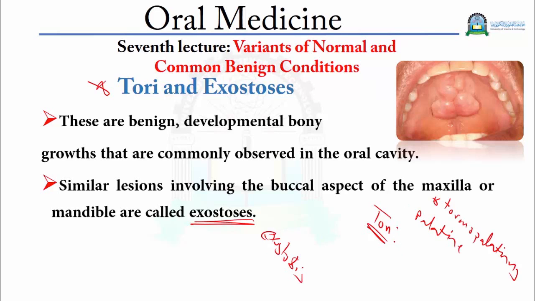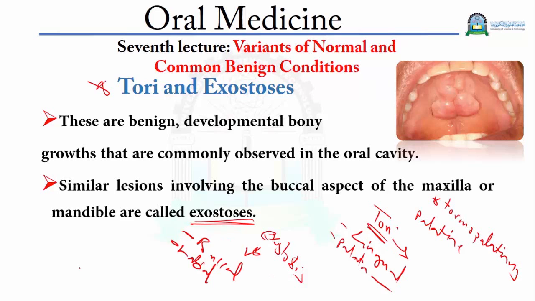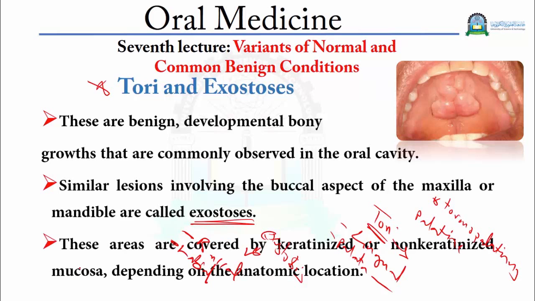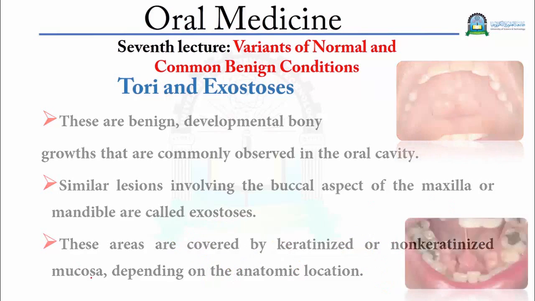The tori are present on the lingual side for the lower arch and the palatal side for the upper arch, but the exostosis is present on the buccal or labial aspects of the upper or lower arch. These are covered by keratinized mucosa, as we see in this picture, depending on the anatomical location.